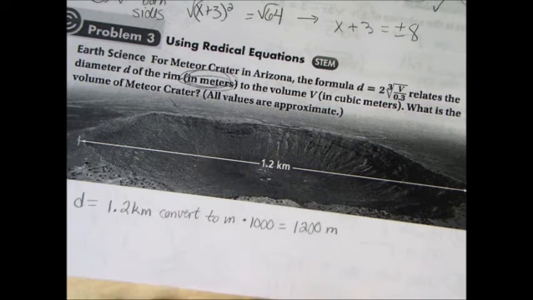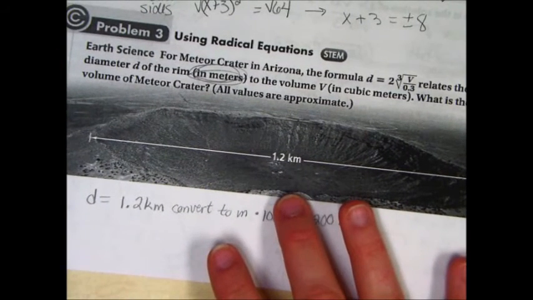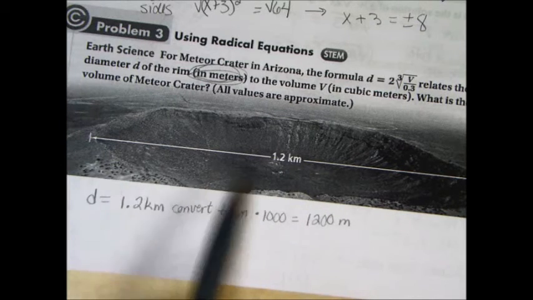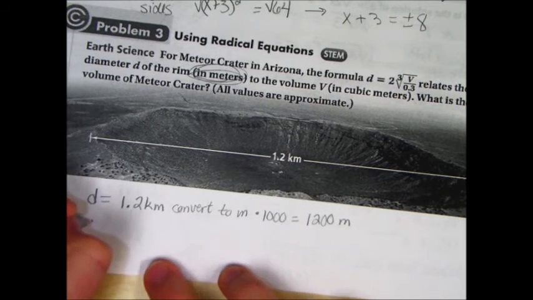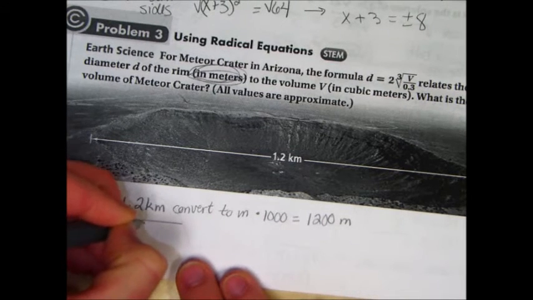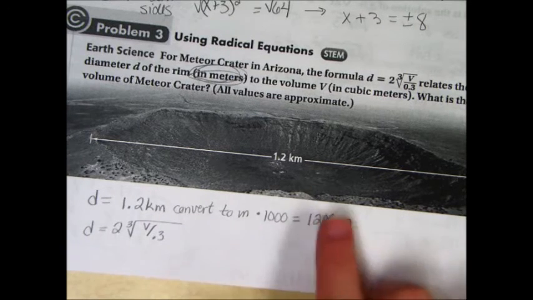That's the first step. We need to figure out what the volume is of this particular problem. So let's write our formula down. And now let's plug in the D that we have.